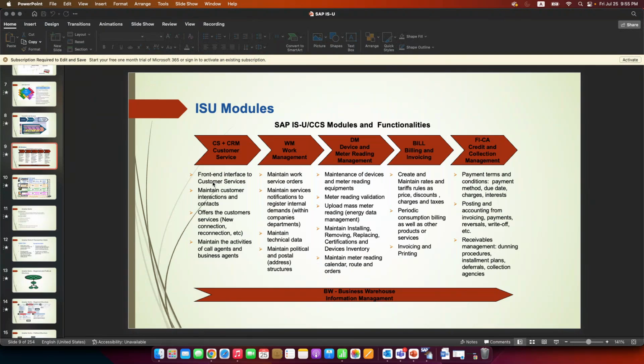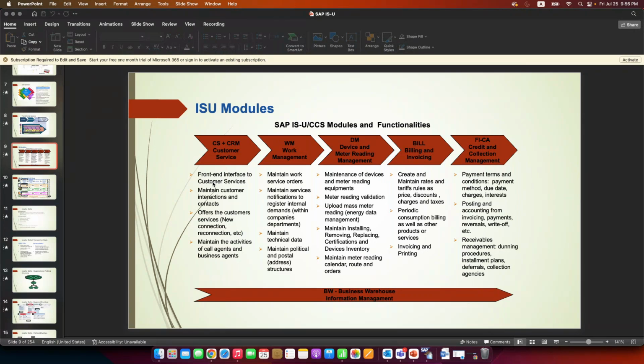This utility company is serving commercial, industrial, all types of customers. Even if I go with the residential, I have a builder who started constructing what they nowadays call a gated community, right?